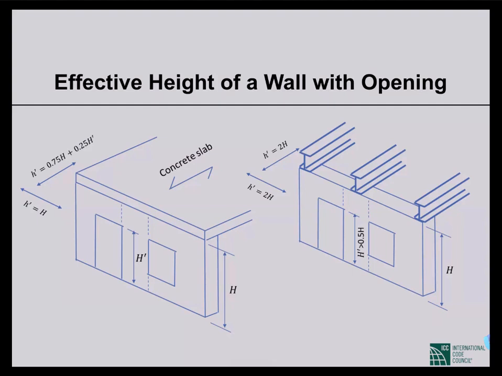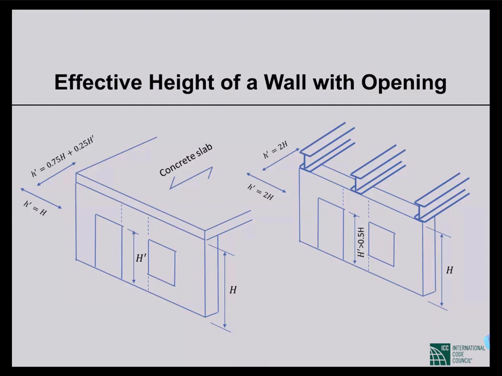Remember, if we increase the height, we will have slender column, or slenderness ratio will be higher. So if we have greater height, that means we are being more conservative.